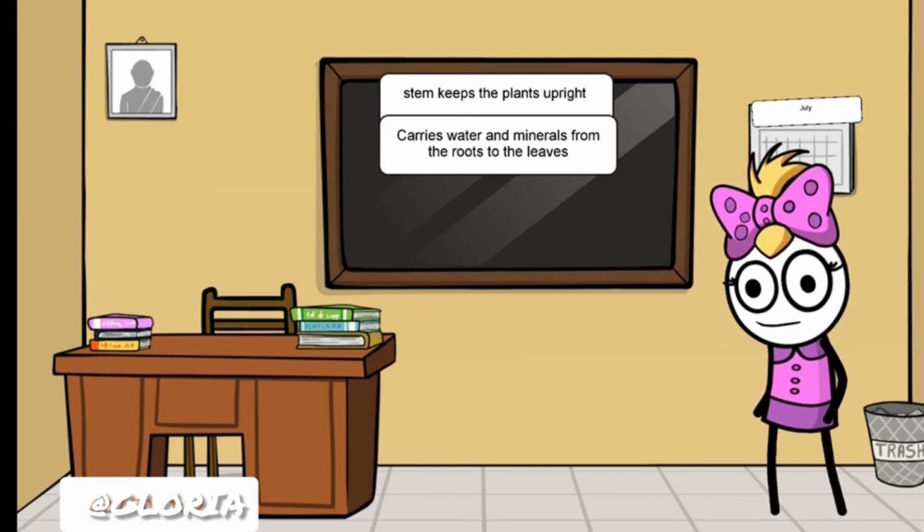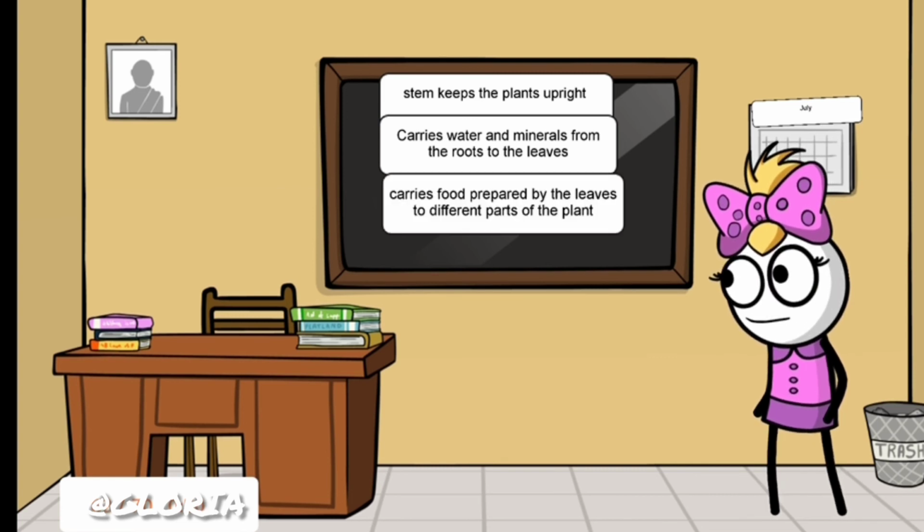Now, the stem is not only having this duty, it also carries the food prepared by the leaves. So, leaf is the main chef of the plant and stem is the supplier, right? So, the third function of stem is that it carries food prepared by the leaves to different parts of the plant.